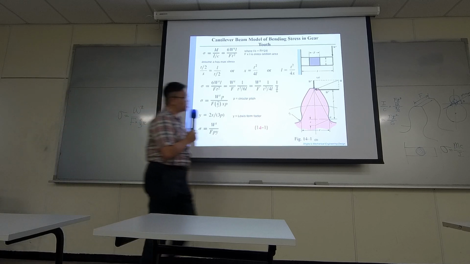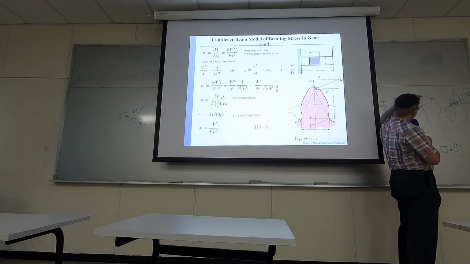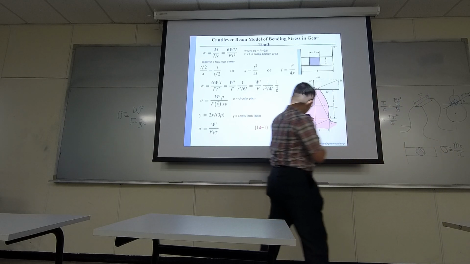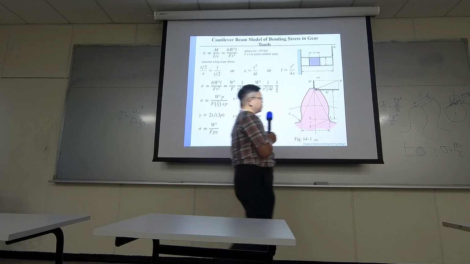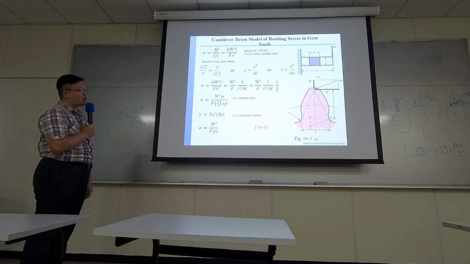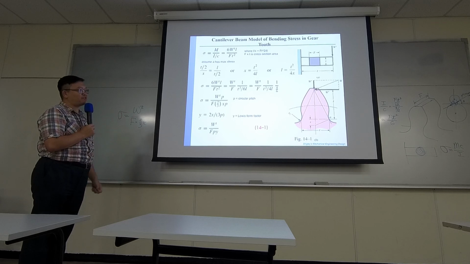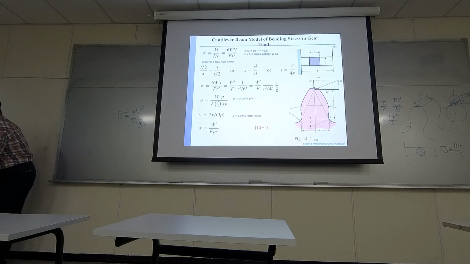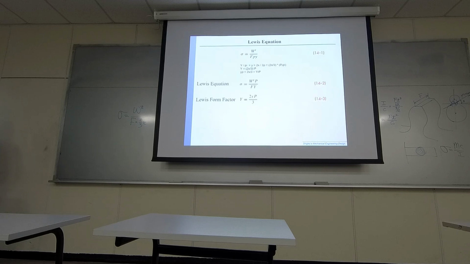So this is like F times a certain amount of X, like 2/3 of X. So that's the interesting part of this Lewis form factor. It's a shape factor. Okay. So once we have that, what can we do later on? We can define this.